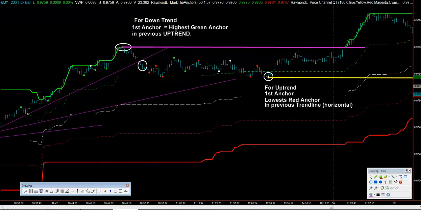So we see 2 lines have been touched. The first line to have been touched is there. The second line is there, or there is no third. So that brings the second part of number 4, half a price channel above the first anchor. So we take this height at the time of the anchor and mark it.